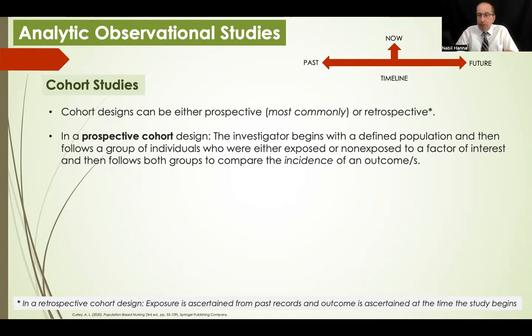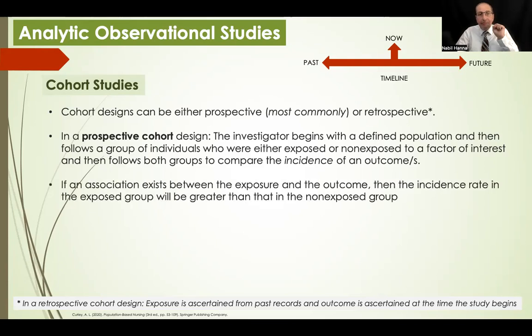So you have one group that you know that they have been exposed and they will keep being exposed to a risk factor, and another group that you know that they have not been exposed and they will continue to not be exposed to a risk factor. And you follow both groups and you look for the incidence of an outcome, the appearance of new cases.